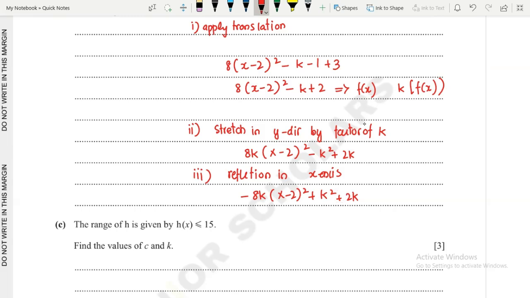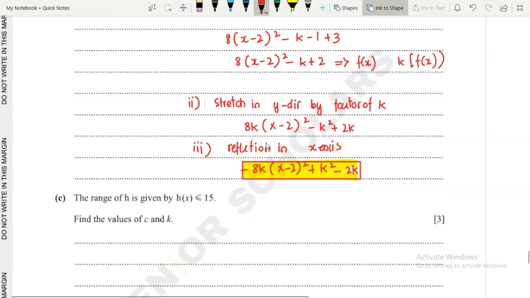I've just written it negative by mistake in the previous part. Let me just remove this. It was positive, so it becomes negative. So this will be your final equation after performing all the series of transformations. This is your final equation.